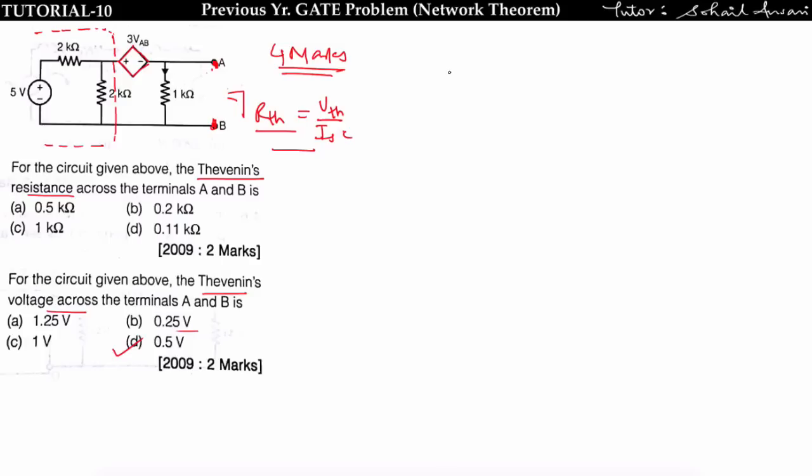Now find ISC across this terminal. We have this 2.5 volt in series with 1k, considering this voltage source having 3 VTH.